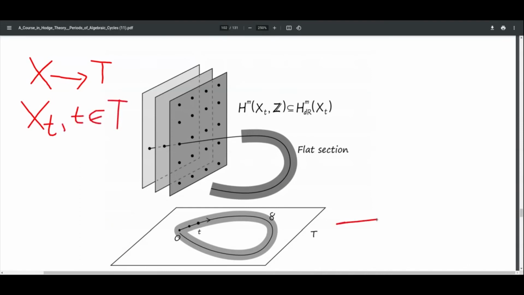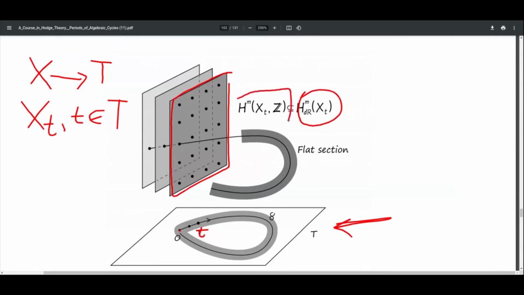So here is the parameter space capital T, and our point, let's say here t, then we will have the m-th cohomology of Xt, the rank cohomology with complex coefficients, if we ignore torsions of singular cohomology.